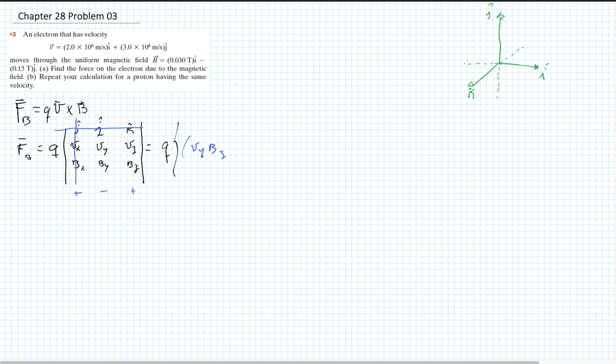So Vy Bz, and minus Vz By. If you understand why we have only K, you can follow in a few steps. So now minus, and let's make this a different color. Let's put a lot of colors here.